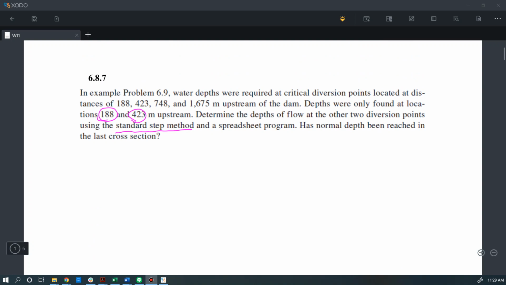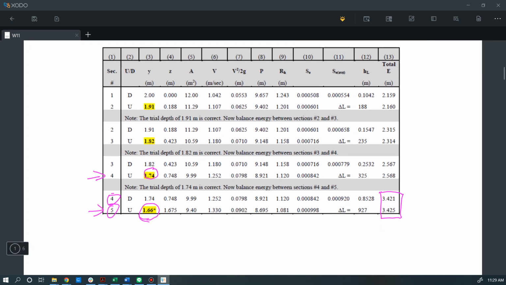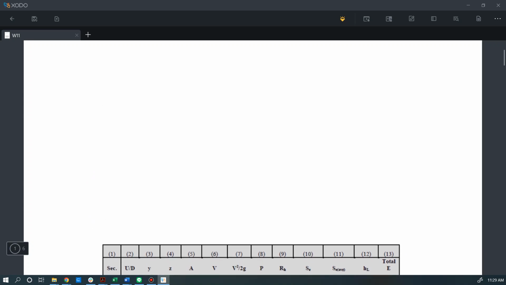Okay, so the second part of the question is asking us whether the normal depth has been reached in the last calculation. So essentially, we want to check whether this 1.66 is the normal depth or not.